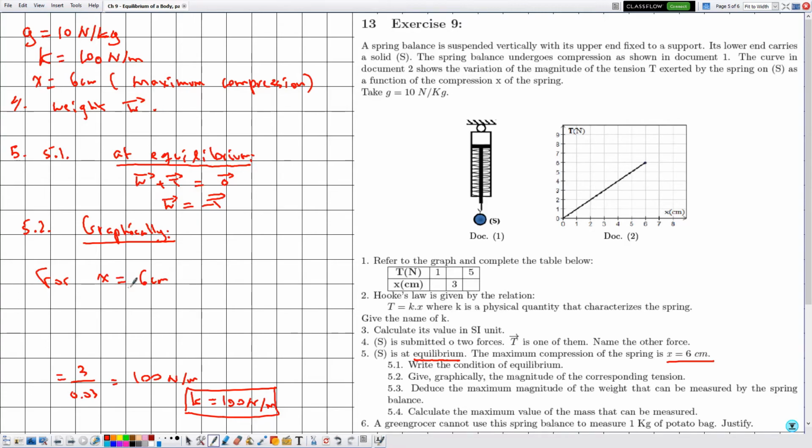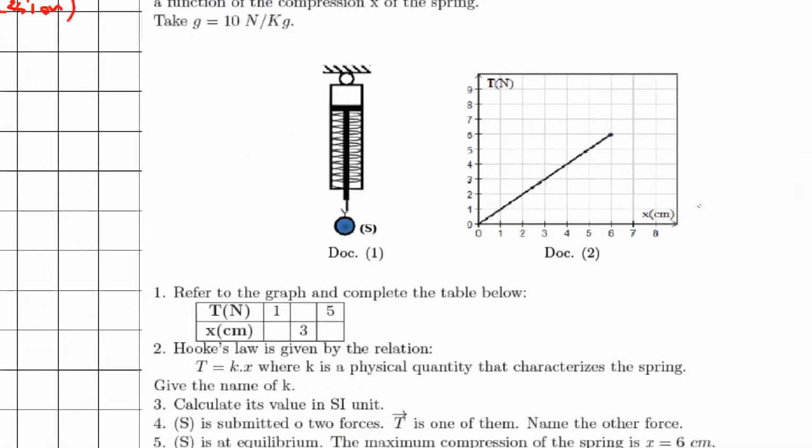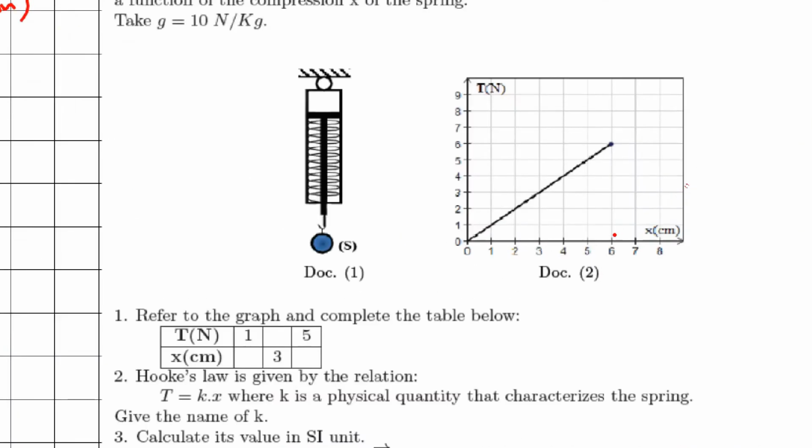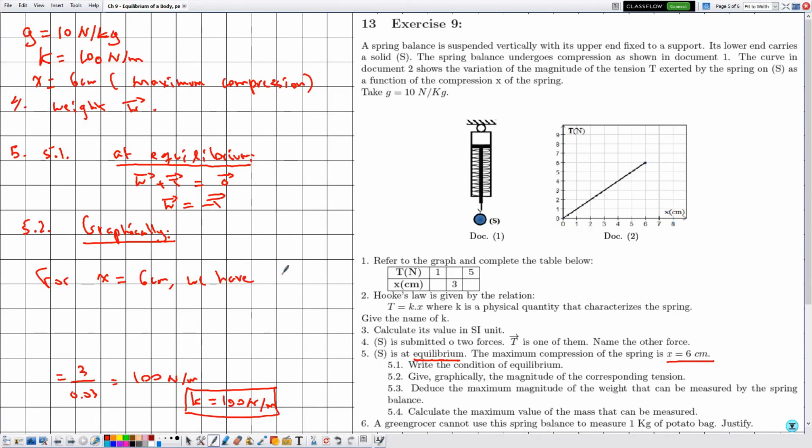Here no need to convert it to meters because already the x-axis is labeled in centimeters. Then 6 centimeters corresponds to this point on the curve, having the value of T equal to 60 newtons. Then the corresponding maximum tension is given by 60 newtons.